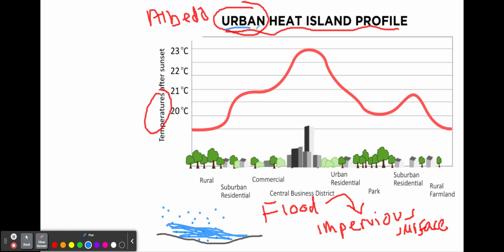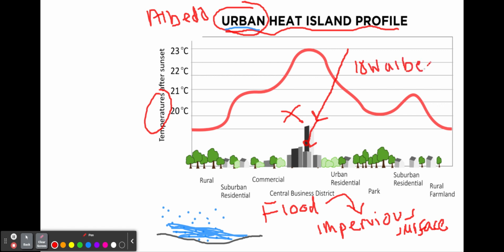So that's one bad thing about urban areas. The second bad thing is that they have a really low albedo, meaning that the sunlight that's coming in is not going to be reflected. It's going to be absorbed. So urban areas have very low albedo.